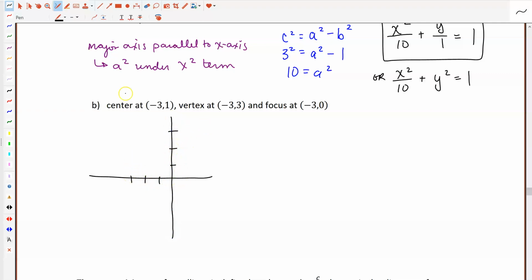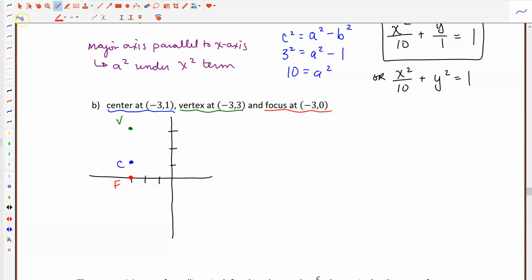At -3, 1, that's my center. The vertex is at -3, 3, so that's going to be one of the vertices. And I have a focus at -3, 0.